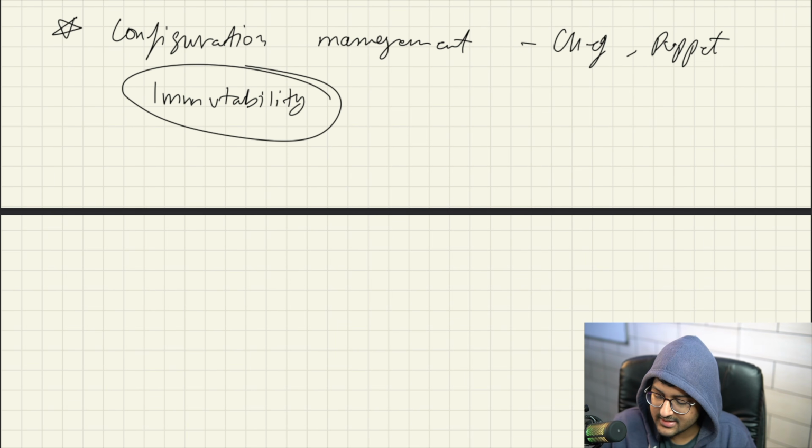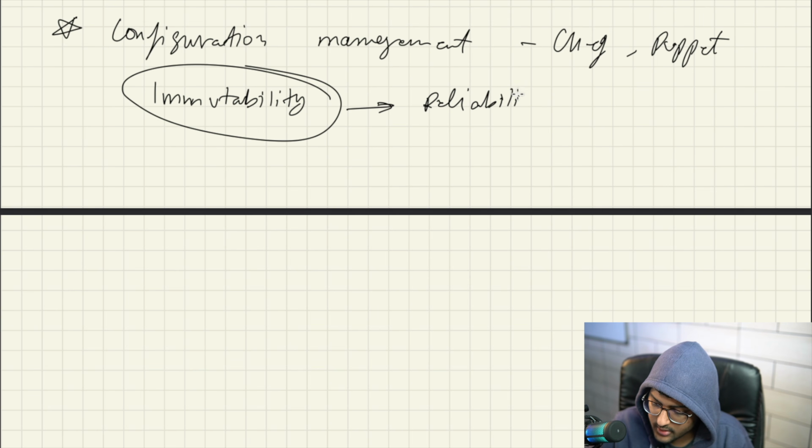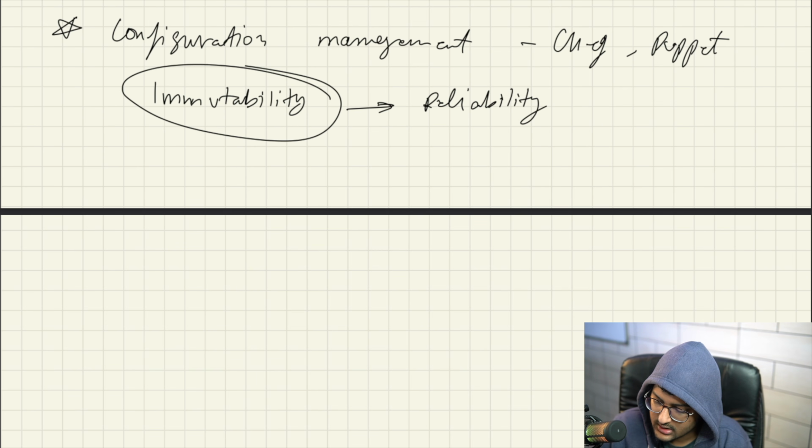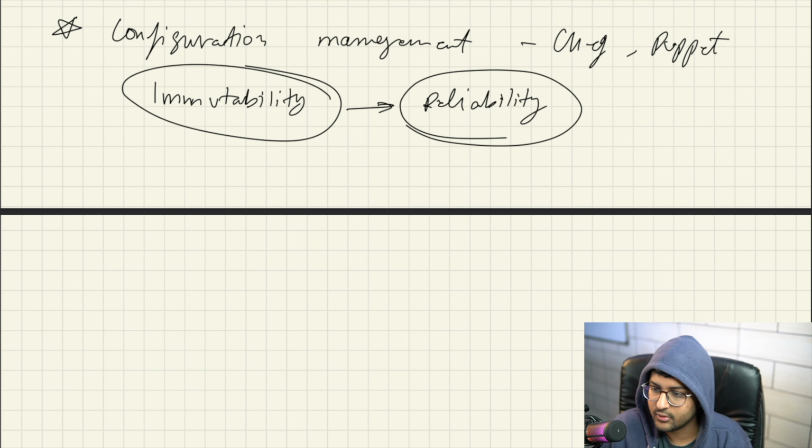So immutability basically meant that it is offering some reliability as compared to your previous before-virtual-machine scenario. So it offers reliability, and it was also much better in terms of security and stuff.